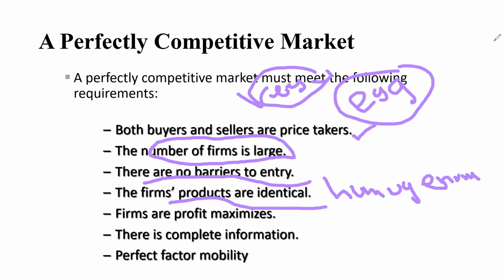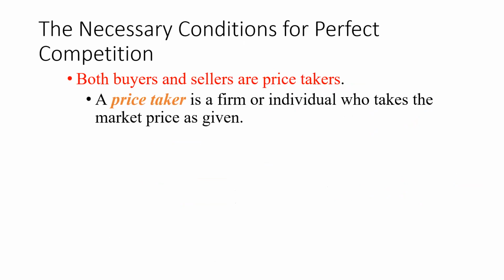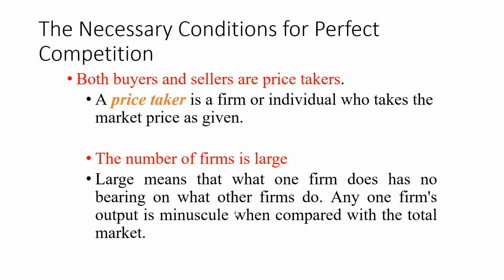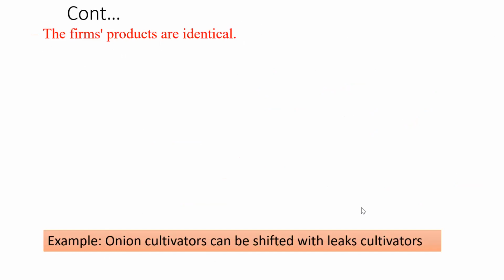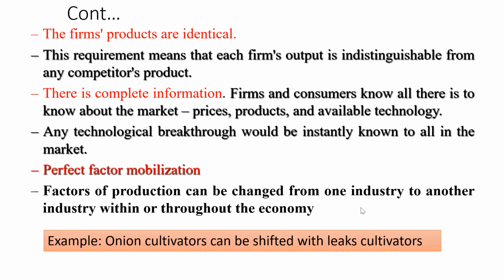The homogeneous products means, I think I already explained, there are a large number of firms in the market and the products are identical in nature.